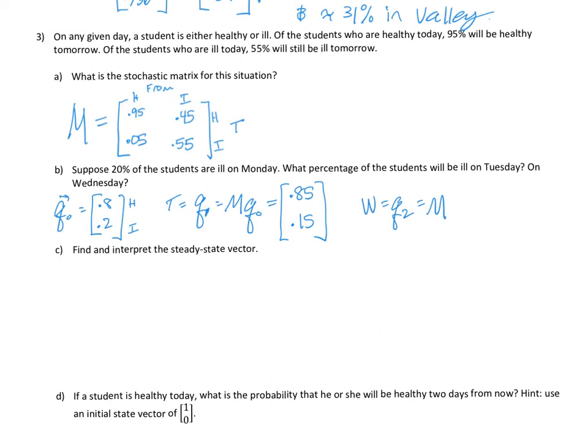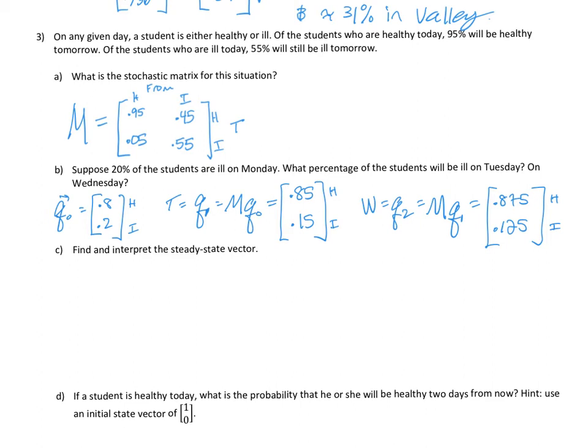Just do the stochastic matrix times Q1, which we just found. And we get 0.875, 0.125. And this is, again, healthy, ill.